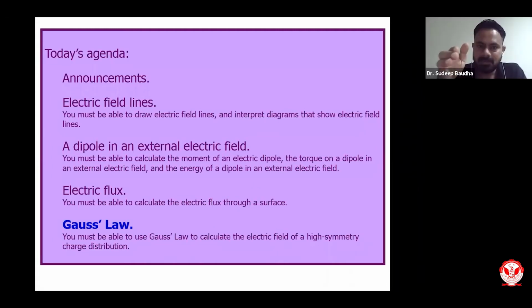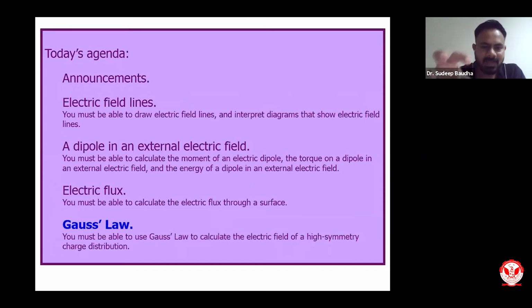So Gauss was the scientist who gave you the idea about how a charge is enclosed and what will be the amount of electric field due to that particular charge. So this Gauss law gives you a very high idea about calculating electric field due to a particular charge.